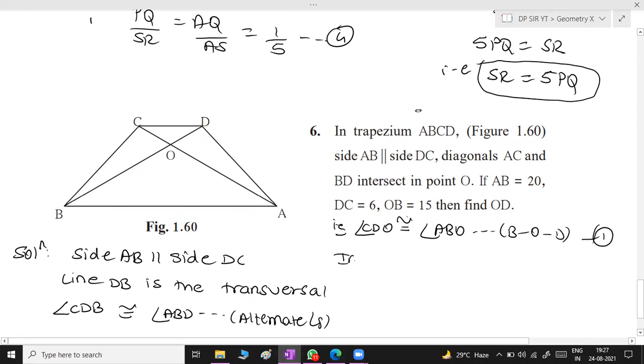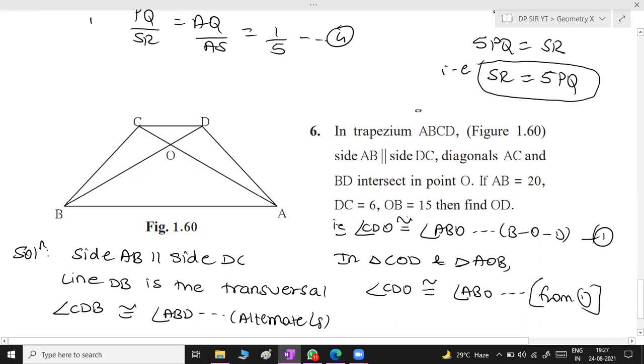In triangle COD and triangle AOB, angle CDO is congruent to angle ABO from 1.